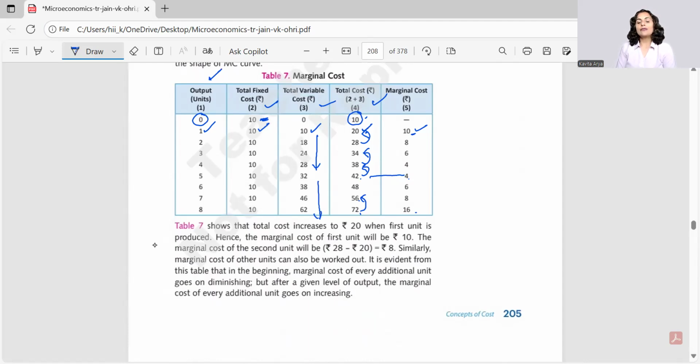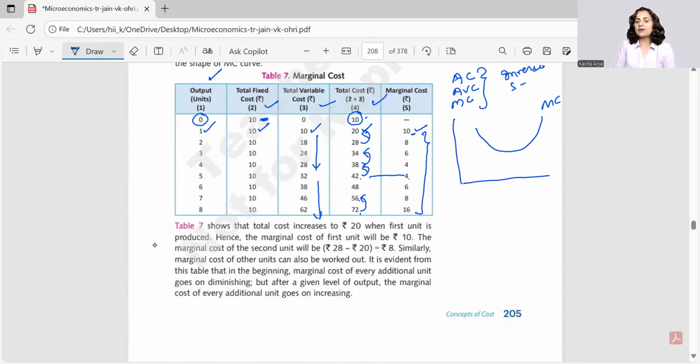So when we talk about marginal, just see how it looks. It takes the shape of U again. And mind you, in this chapter, it's not merely MC. We have AC as U, AVC as U, MC as U, right? So all these are U shapes, and inverse S shapes are with TC and TVC.